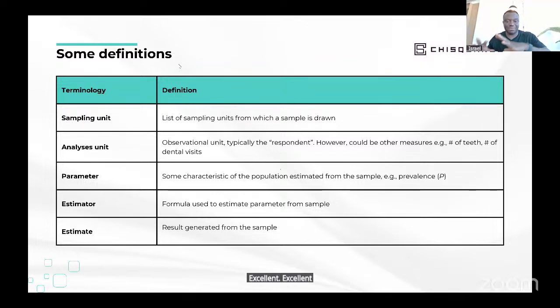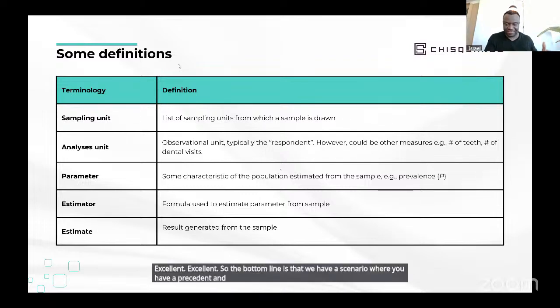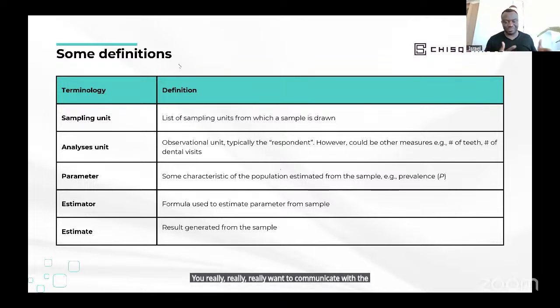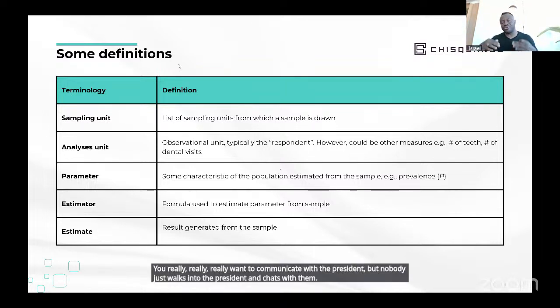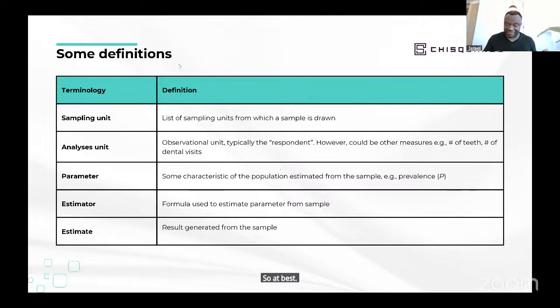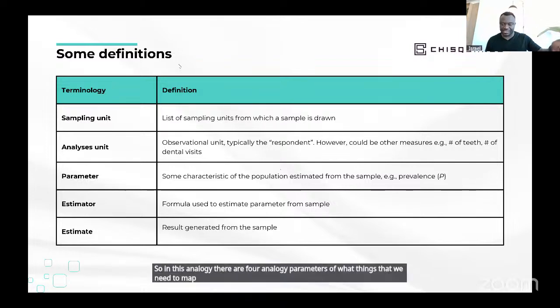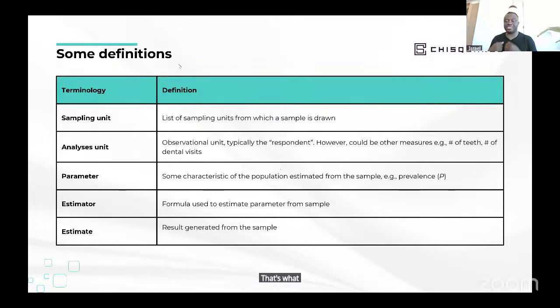Excellent. So the bottom line is that we have a scenario where you have a president and the president has a chief of staff. You really want to communicate with the president, but nobody just walks in and chats with the president. So at best, you have to speak to the chief of staff. In this analogy, there are four things that we need to map: the president, the chief of staff, what the president says, and what his chief of staff says on his behalf.